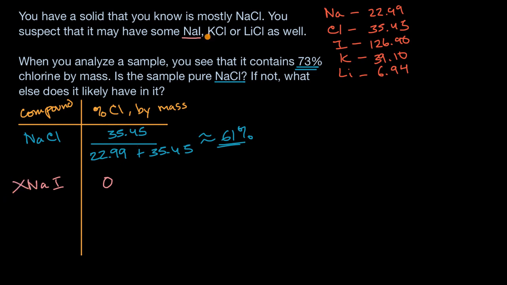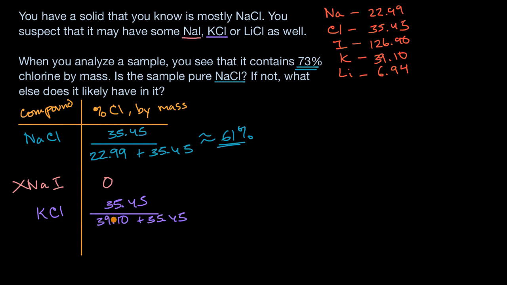Let's look at the next candidate, potassium chloride. Its percent chlorine would be the molar mass of chlorine, 35.45, divided by the molar mass of the entire compound. That would be the molar mass of potassium, 39.10, plus the molar mass of chlorine, 35.45.